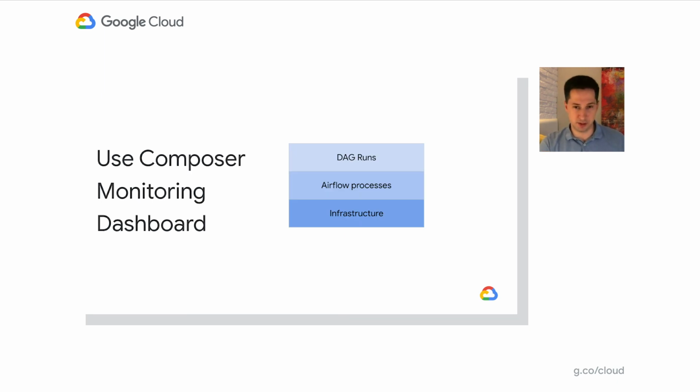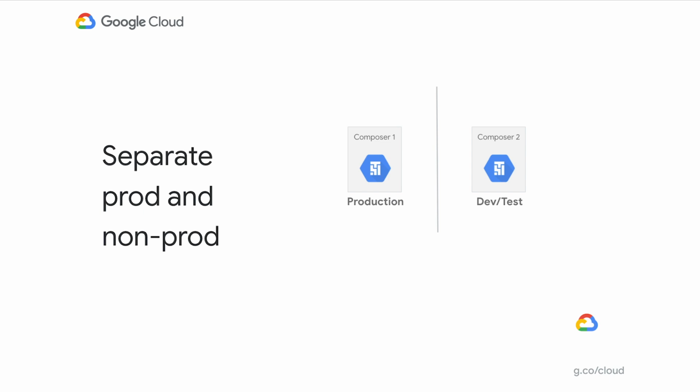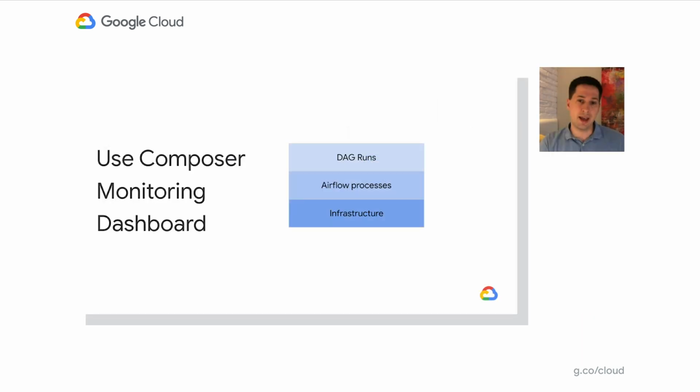This is something I would highly recommend for all the customers that need to use secrets, keys, and passwords when integrating with external systems. This next recommendation is almost too obvious to mention, which is to separate production from non-production environments. While it sounds obvious, it is important to call out that as you create your production pipelines that run your business process and business logic, you need to have a separate environment to test newly created DAGs or changes to those DAGs.